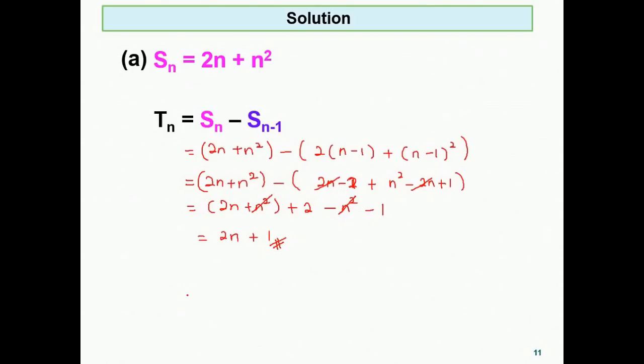Now proceed to the second question to find the common difference. By using the formula, Tn minus Tn minus 1. We know that Tn is 2n plus 1.